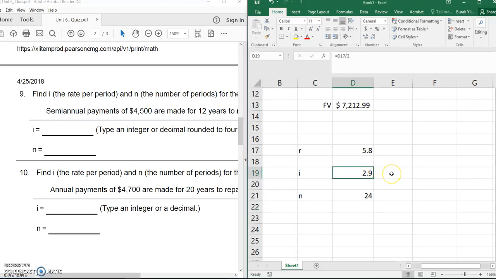So just divide this by 100, and you get 0.029.